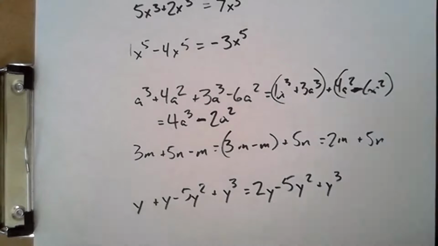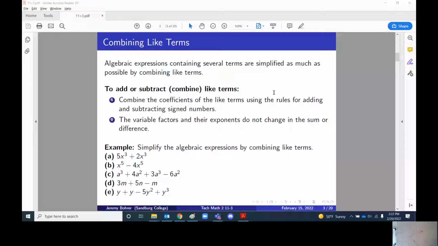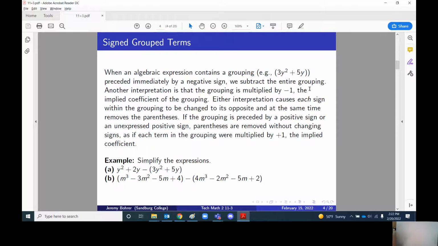Turning to the slides. Okay, so now we're being asked to simplify these expressions here. We've got y squared plus 2y minus 3y squared plus 5y.